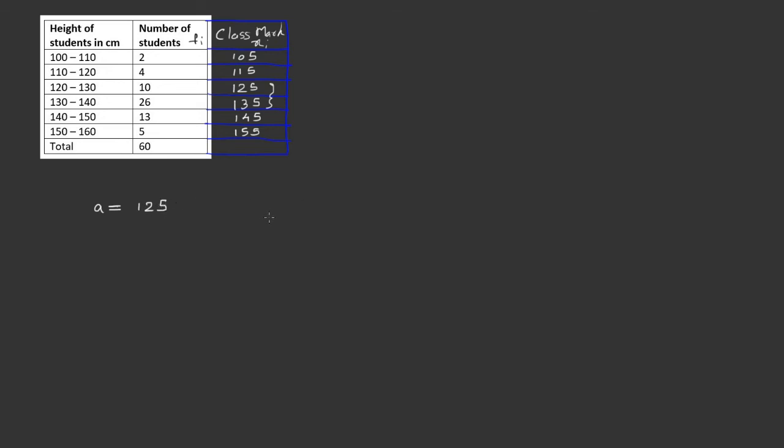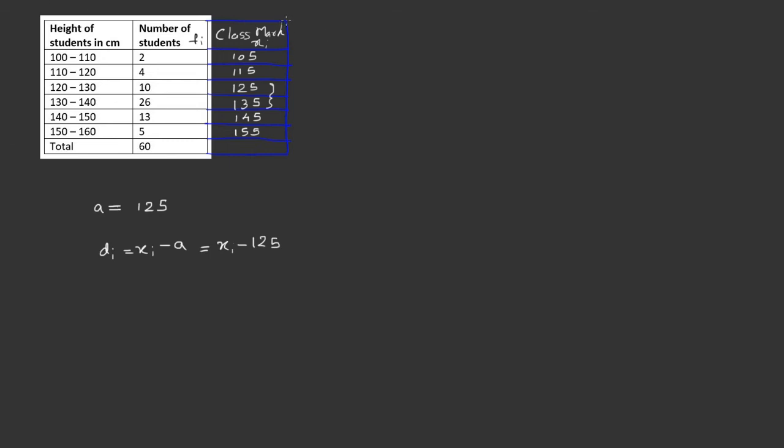Now we got A. The next step is to calculate di, which is xi minus A. In this case, it is xi minus 125.